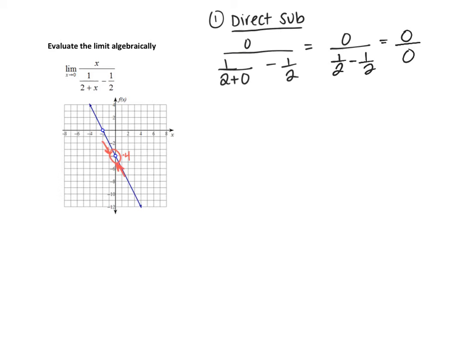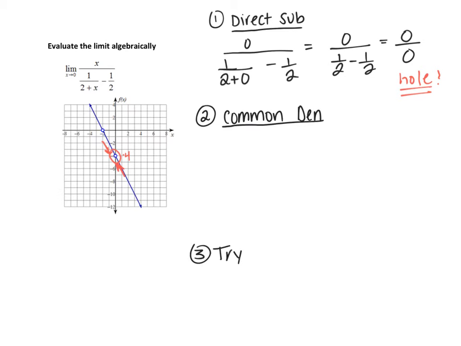So 0 over 0. So we have a hole, right? That's something that we know by now. 0 over 0, we have a hole. So step 2 would normally be something like factoring or conjugates, but I've got all these fractions here, so we're going to have to use common denominators. That will simplify it, and then our last step, step 3, will be to try again, as always.